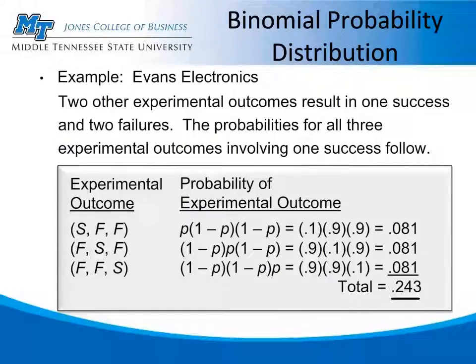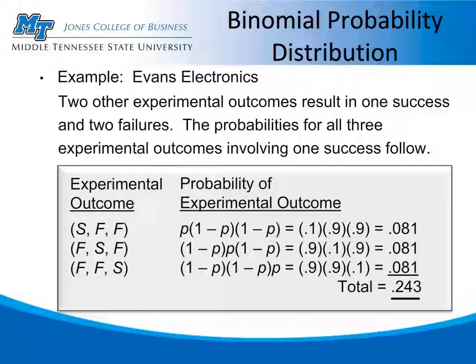Now this slide shows all three possible arrangements. The first one leaves, the second one leaves, the third one leaves. But you get the probability of success times the probability of failure twice in each case. It's always 0.1 raised to the first power times 0.9 raised to the second power.